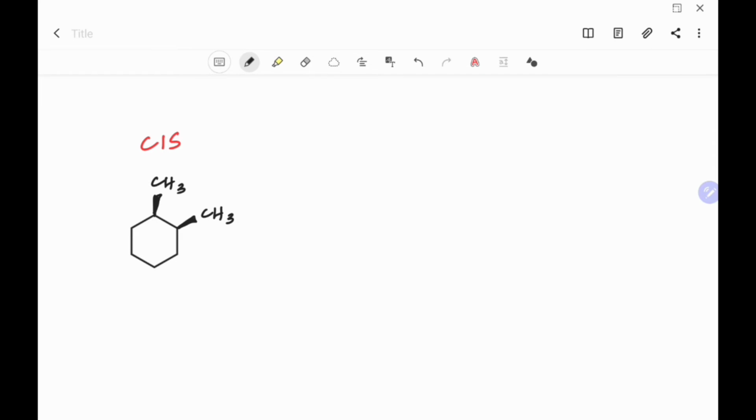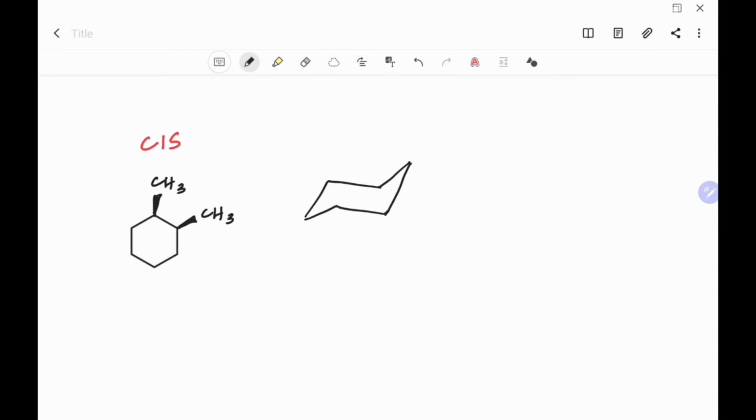So let's talk about the cis isomer, which means both CH3 groups are on the same side of the plane, right? So let's try drawing the chair conformation for it. Now you don't have to draw all the chair conformations. You only need the most stable chair conformation.